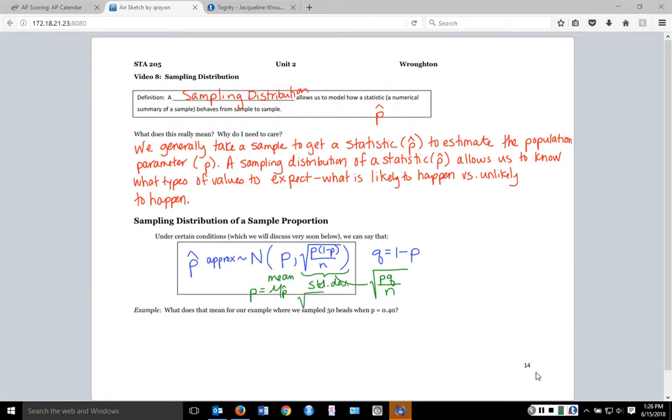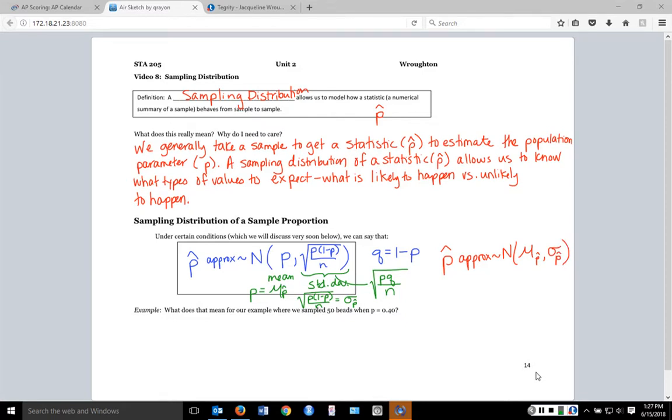And so this square root part, we could call the standard deviation of p hat. So that's notation that you might see in the book as well as on iMath. So we'll put that here as well. So I am also going to write this as p hat is approximately distributed normal, where the first thing I'm going to write is the mean of p hat, and the second thing I write is our standard deviation of p hat.